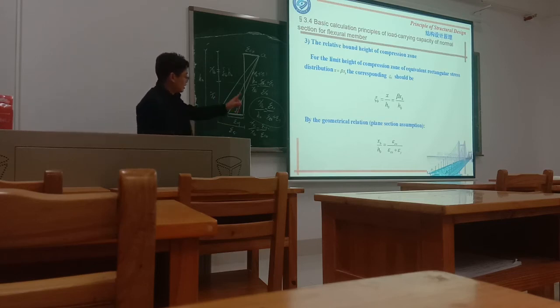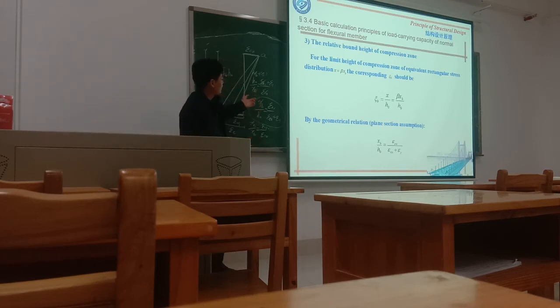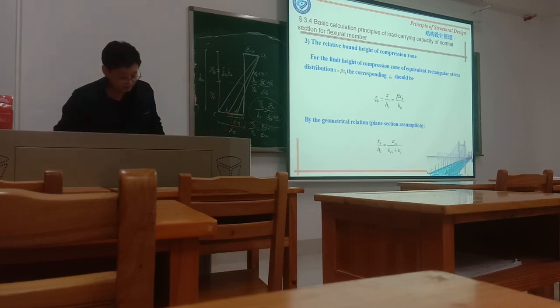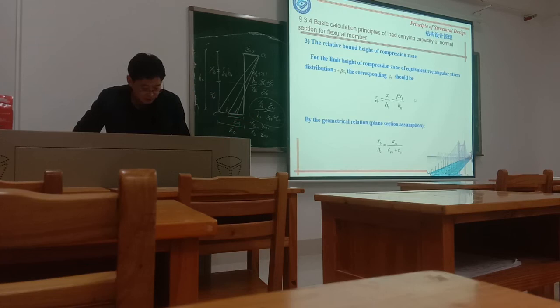Actually, Cb means that xb is just a non-dimension. It's xb divided by h0. It's a non-dimension coefficient. The real name is the relative compression height. The limit height compression, I remember this better.